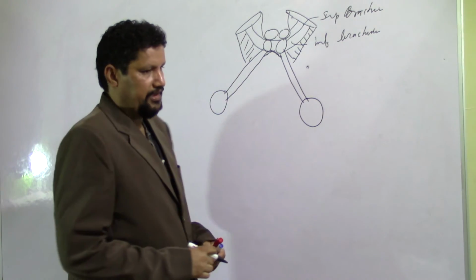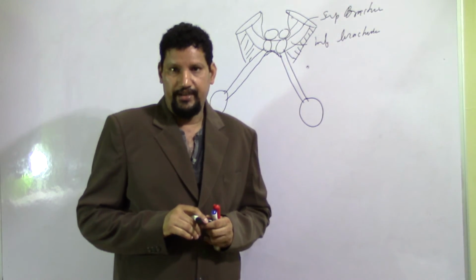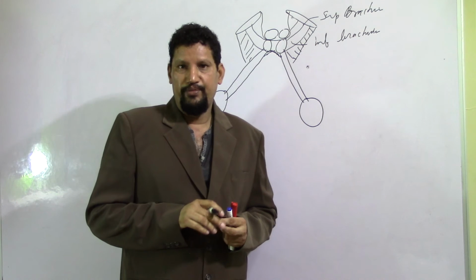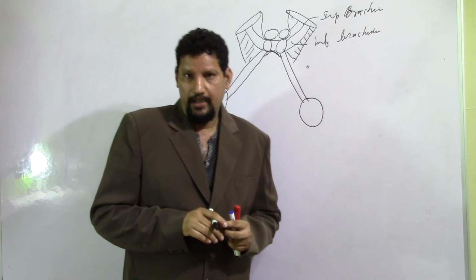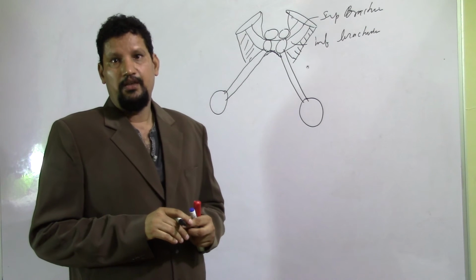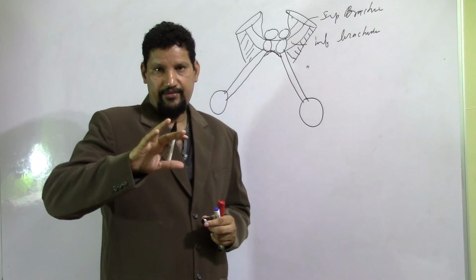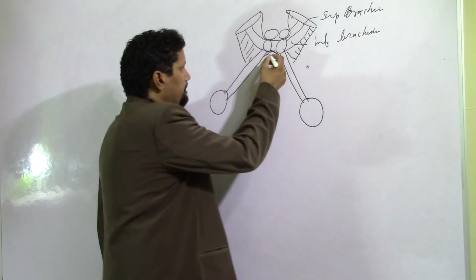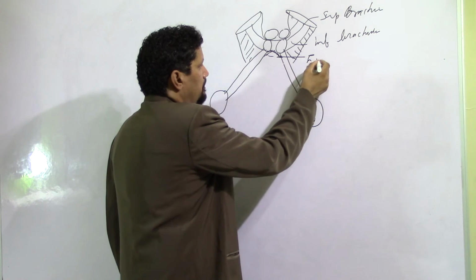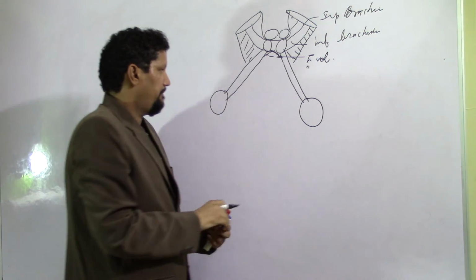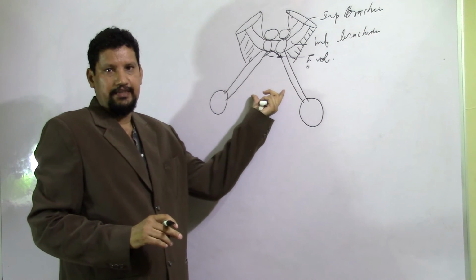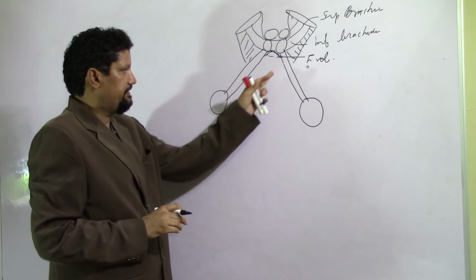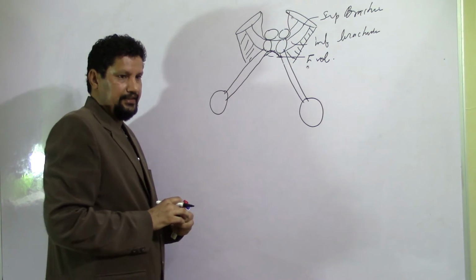The roof of the uppermost part of the fourth ventricle is covered by a delicate membrane known as superior medullary velum, and the uppermost part of the superior medullary velum has a frenulum-like structure, so it is known as frenulum veli. This part is roofed by the cerebellum, and it is formed by the posterior surface of the pons, that is the tegmentum of the pons.